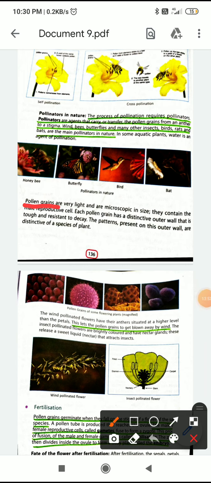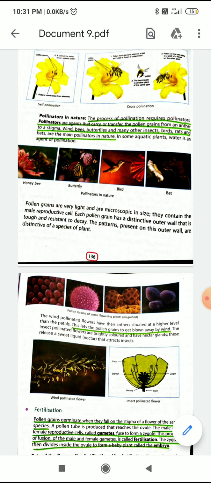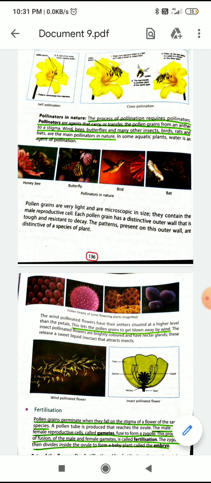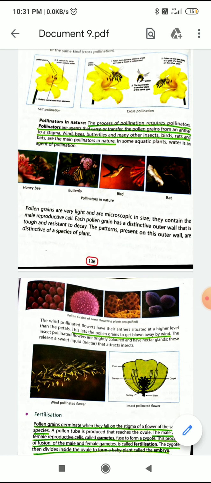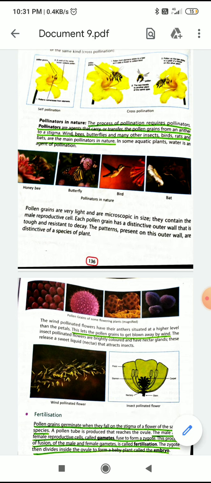Pollen grains are very light and microscopic in size. They contain the male reproductive cell. Each pollen grain has a distinctive outer wall that is tough and resistant to decay. Patterns present on this outer wall are distinctive of the species of plant.